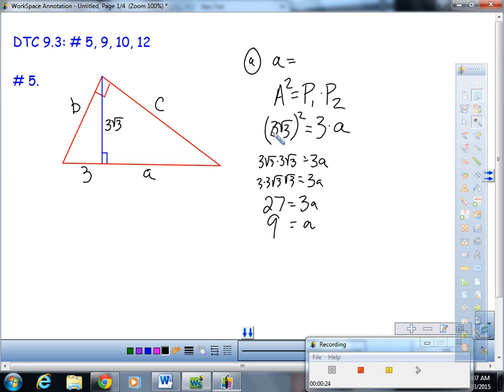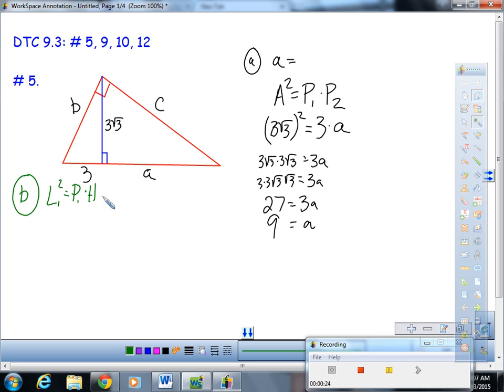Okay, part B. Find A times B. Well, I guess to do that, we'll just find B. I think that makes the most sense. So we'll move over here. All right, well, we know that leg squared is part times whole, with the whole thing kind of being the hypotenuse.